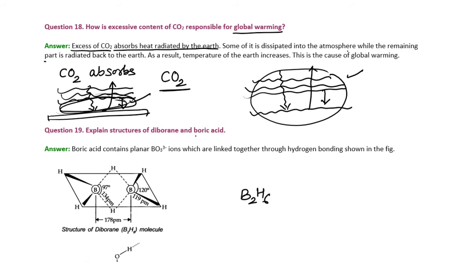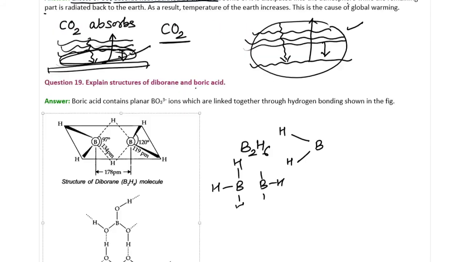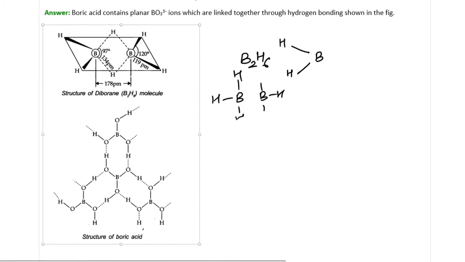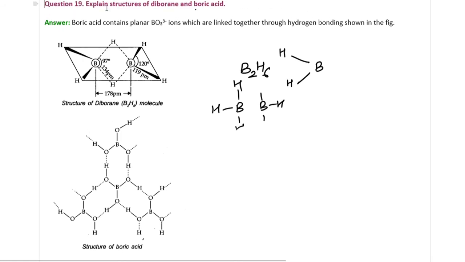In B2H6, there are two BH3 units, but its simple structure cannot be formed. How is it possible?